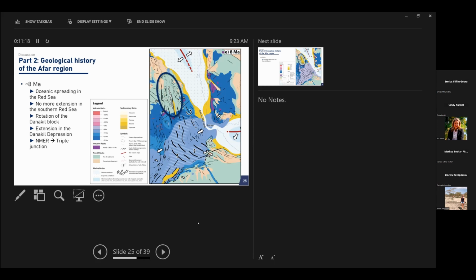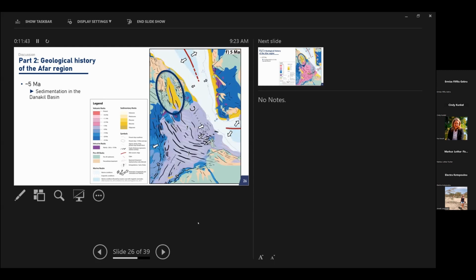So that's a major rift jump from the Red Sea to the Afar, and that's where we start forming our basin. At the same time, we also have the initiation of the northern main Ethiopian rift. So that's the moment when the region becomes a triple junction, because that isolates the Somalian plate that is now a different plate than the Nubian plate.